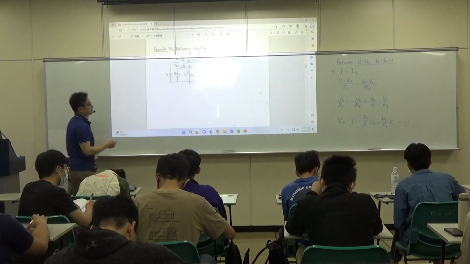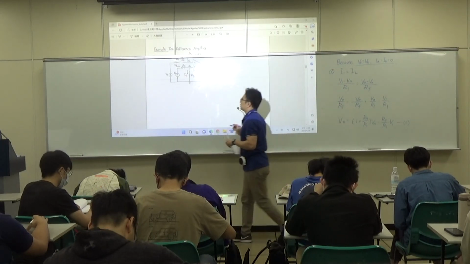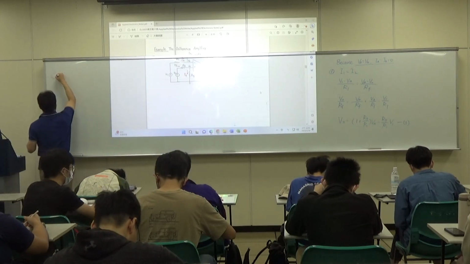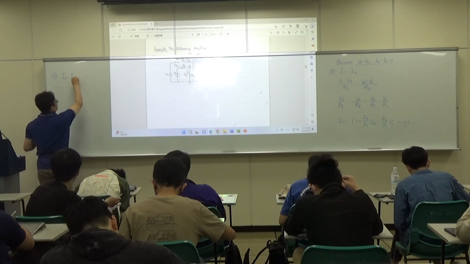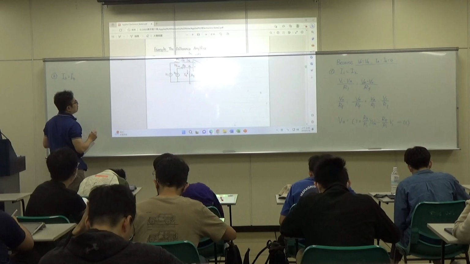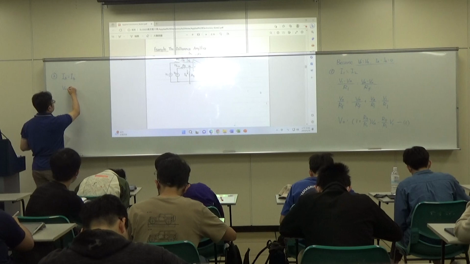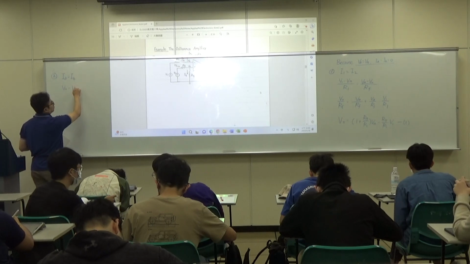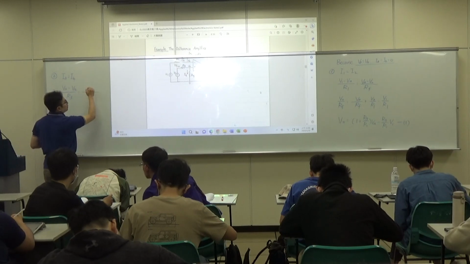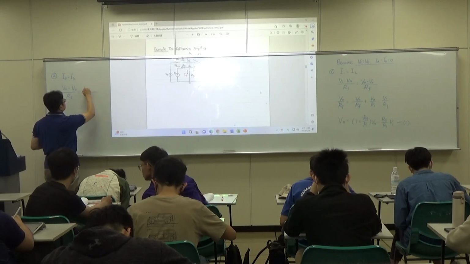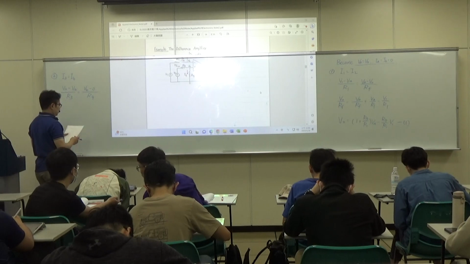We have V2 minus VB divided by R3 equals VB minus 0 divided by R4.